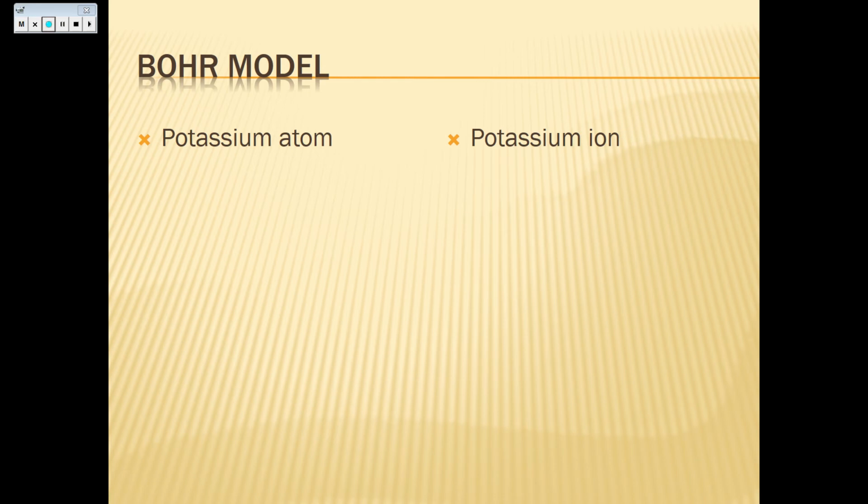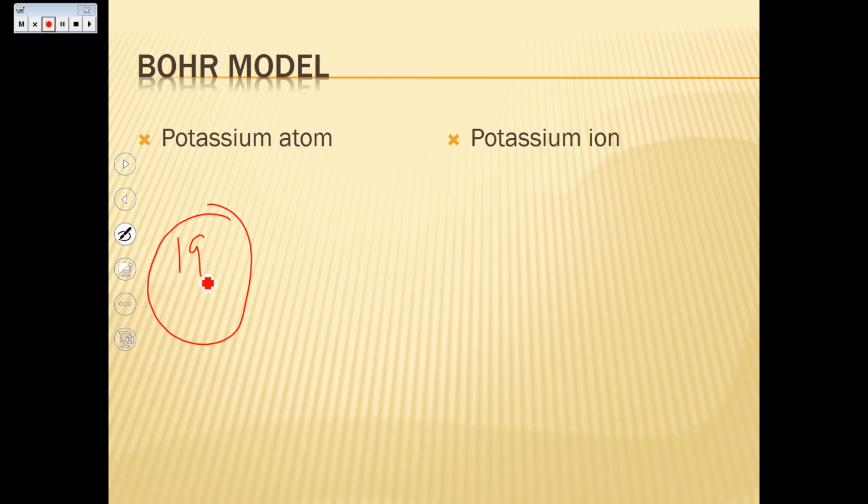So for potassium, the atom, we have our nucleus here in the center. Looking at a different book, which means it's done in a different format, so let me start that over.